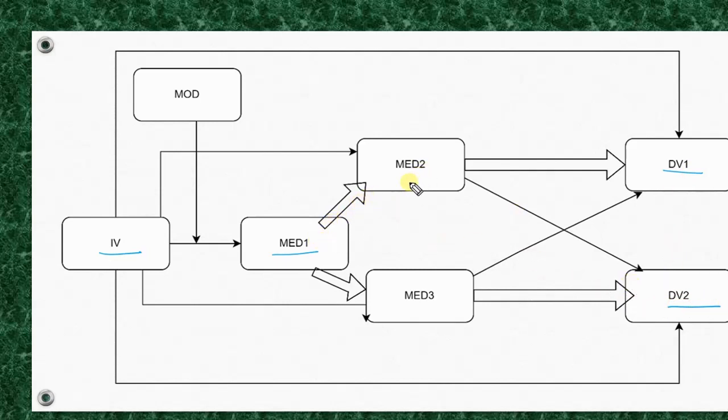Mediator 2 and mediator 3 have a parallel mediation, while if we see mediator 1's relationship with mediator 2 and the dependent variable, this becomes sequential mediation. So I will deal here with sequential mediation also, and parallel mediation with a moderation effect.